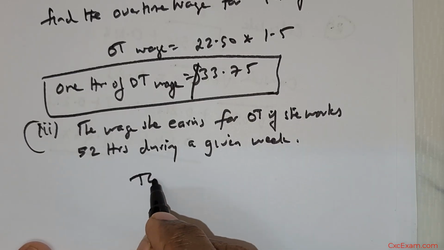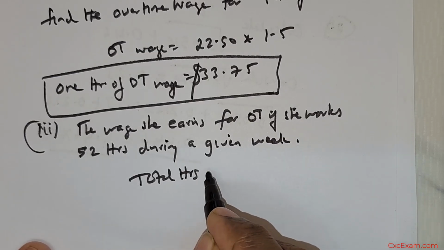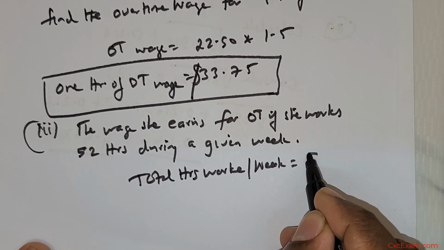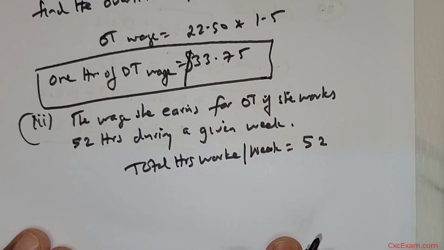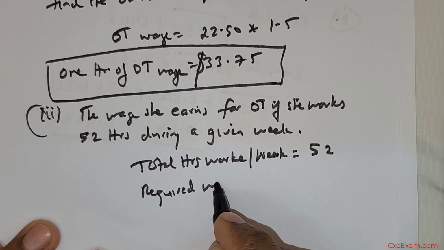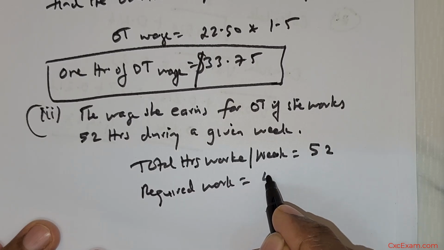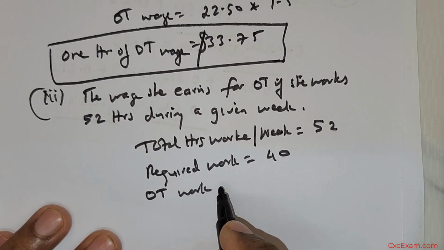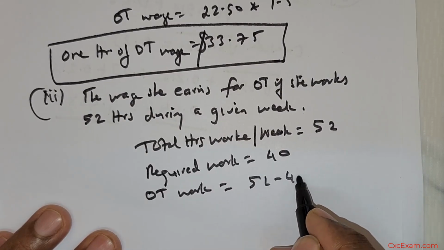Now the total hours she has worked for the week is what? It's given as 52. Required work is what? She has to work 40. So overtime work is what? From 52 you take away 40.